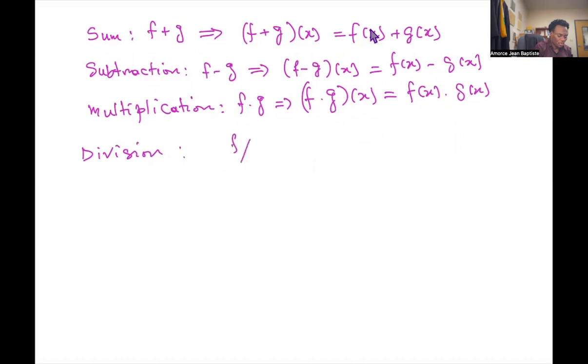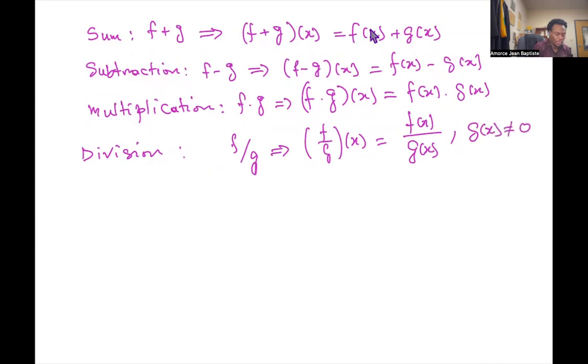F over g is f divided by g of x, which is f of x divided by g of x, under the condition that g of x cannot be 0. We already know that, because if it's 0, then f over g of x would not exist.